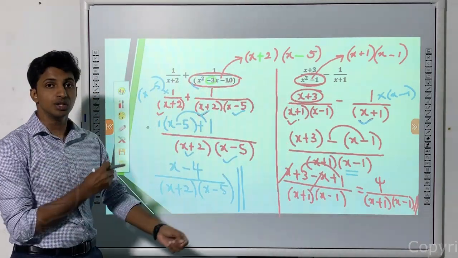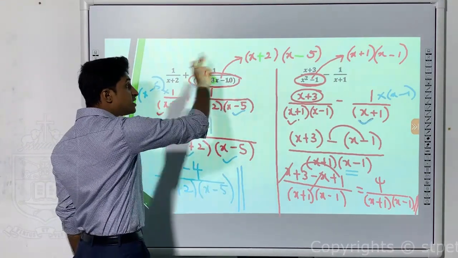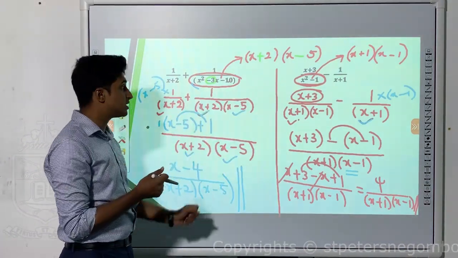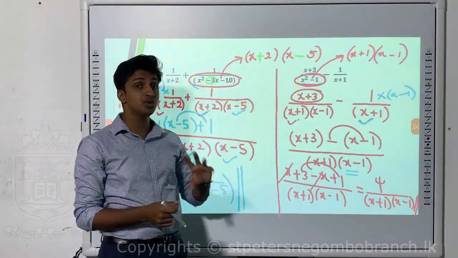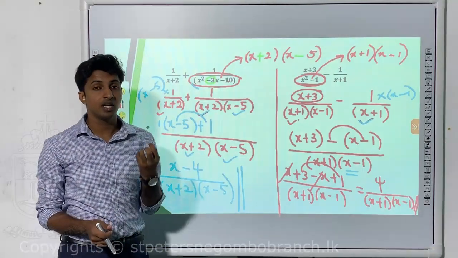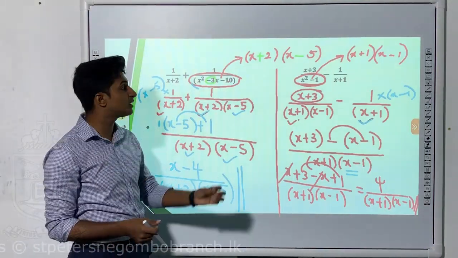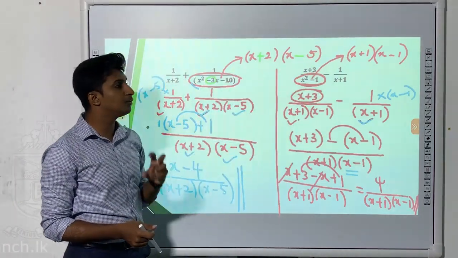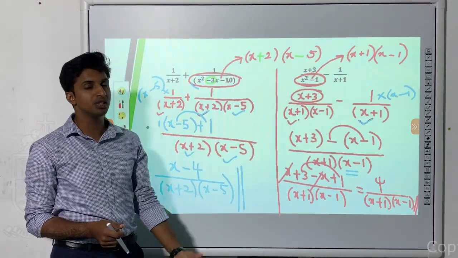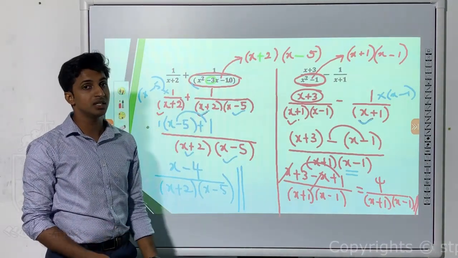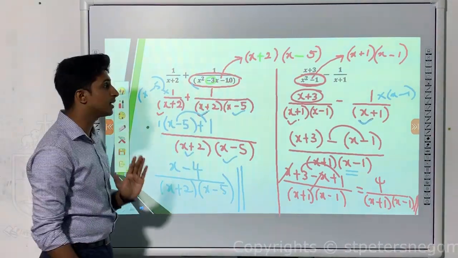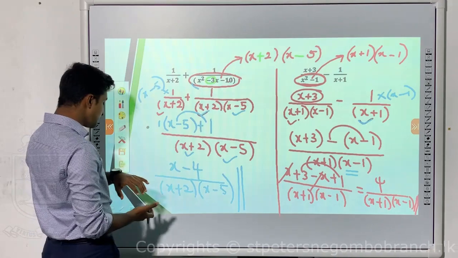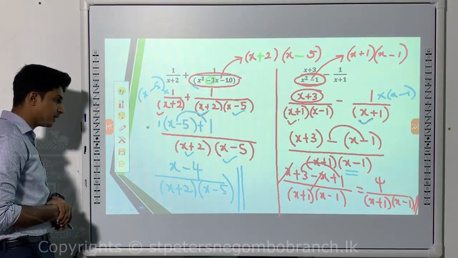That is how you do the question. See, in this slide, what I want to explain to you is that whenever there are terms which you can further factorize, you have to break them into factors, and then proceed with the answers. Okay, right. So check whether you understand this part as well.